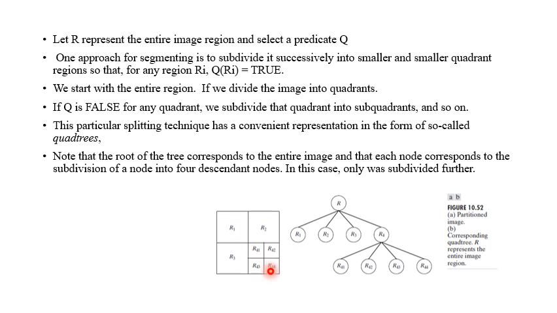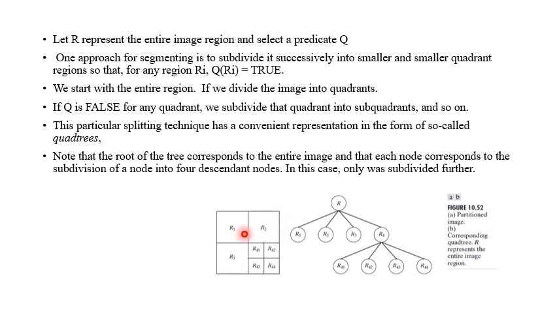R1, R2, R3, R4. Again, R4 can be subdivided into 4 more regions, that is R41, R42, R43, R44, depending on the type of data we are trying to analyze. This is how we represent a partitioned image. This could be one segment, this could be one segment, and so on. Sometimes R2 and R41, for example, may belong to one segment.